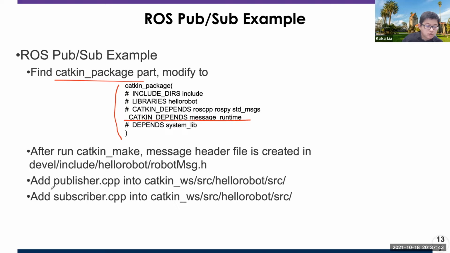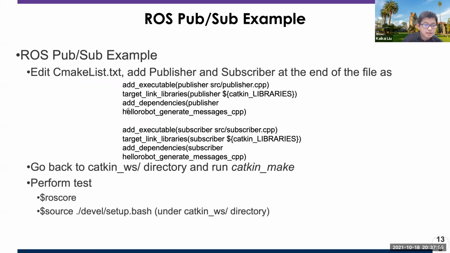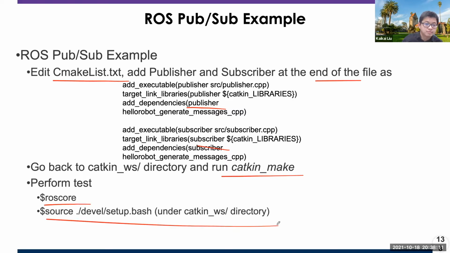Then you can write the code, add the publisher.cpp and subscriber.cpp into the source folder. You can have the publisher and the subscriber individually in two different CPP files. Then add this publisher and subscriber into the CMakeLists. Then run catkin_make, you can run source devel/setup.bash and do some testing.